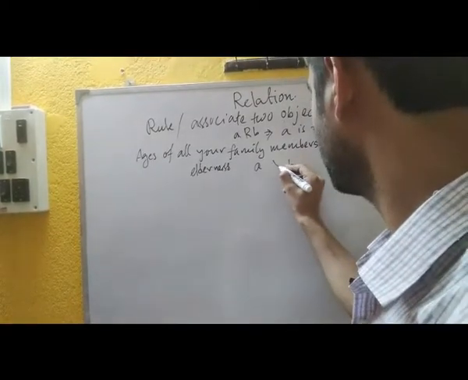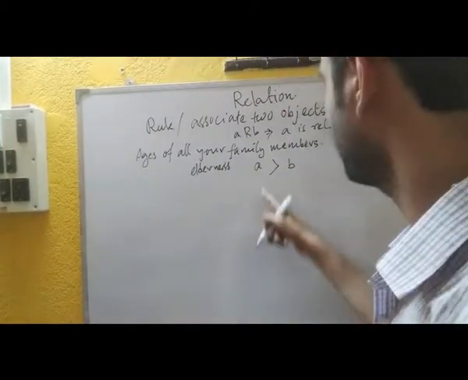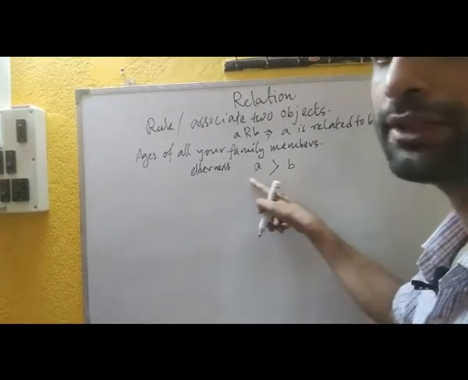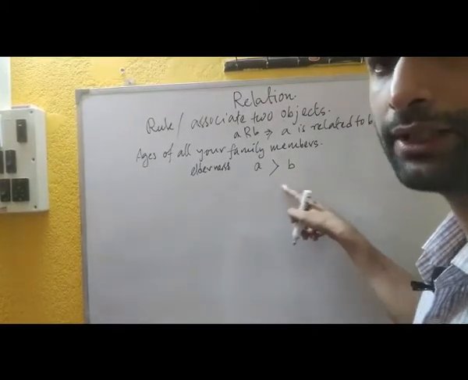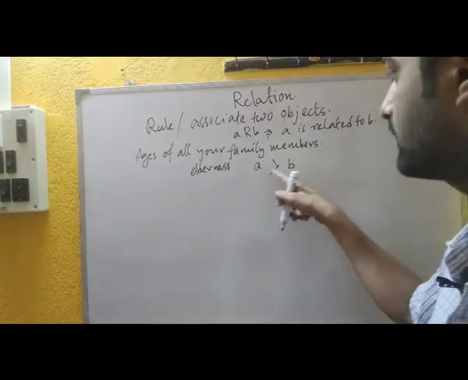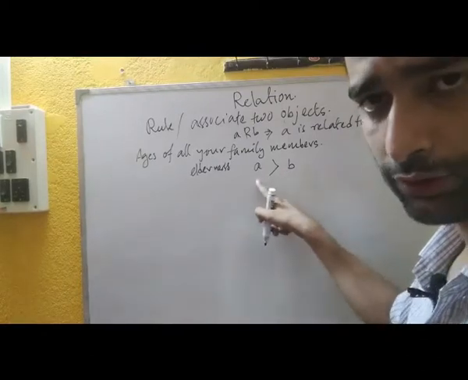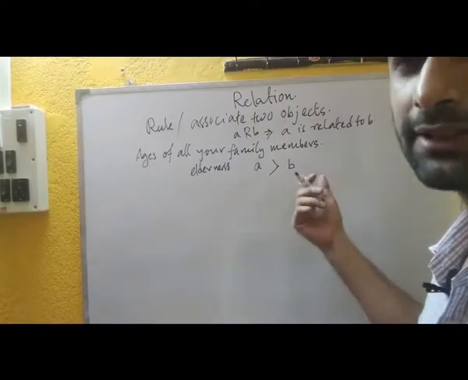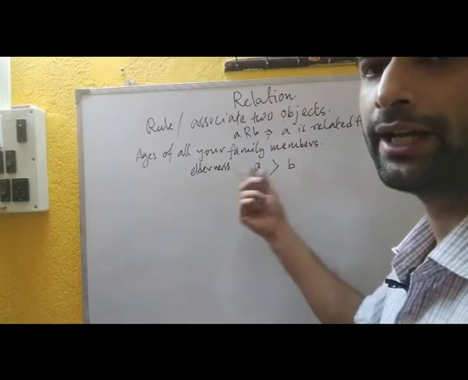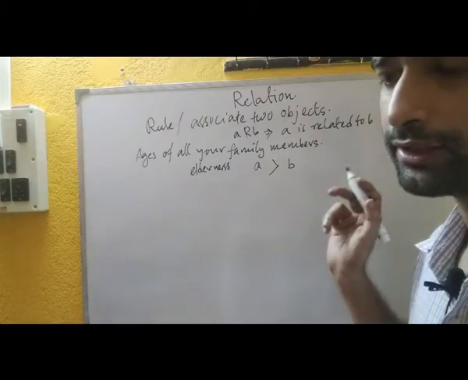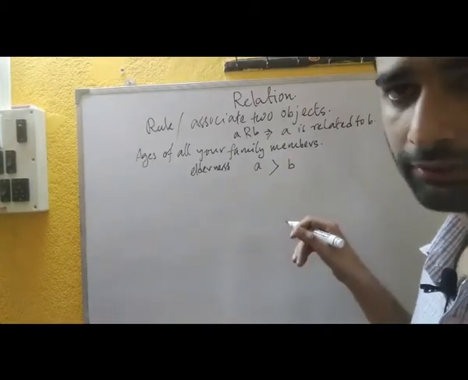So we can say obviously A will be greater than B, because if you consider the age of A and age of B, clearly there will be some link between them, some rule to associate them. So we can say here that A is greater than B. The age of your father is greater than the age of your brother. So in that sense, we can link or we can relate these two elements by some rule. That rule is called the relation between these two elements.